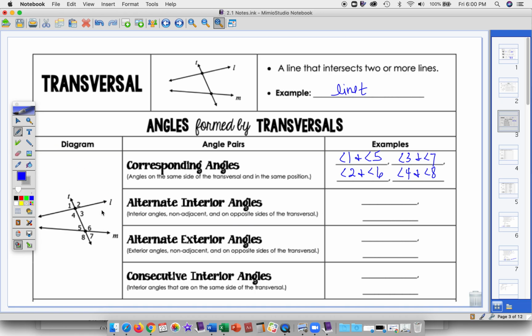So if I'm going to start with angle 3, it would be an alternate interior with angle 5. They're on alternate sides of the transversal, they're non-adjacent, and they're both interior angles. So that leaves the other pair to be angle 4 and 6.